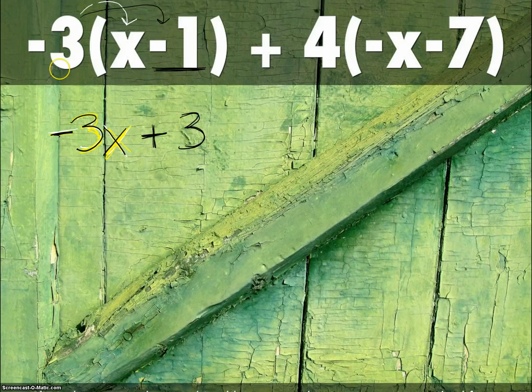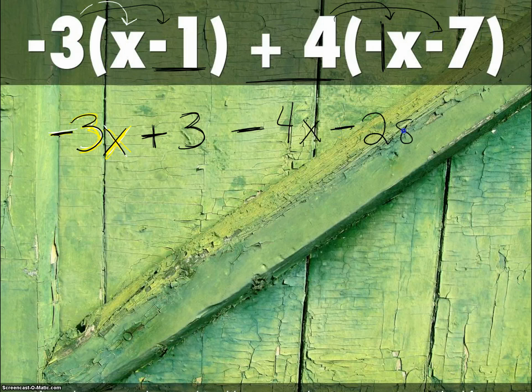So I've distributed this negative 3 to everything inside my parentheses, and now I have to work over here. I have a positive 4, and I have to distribute that times everything inside the next parentheses. Positive 4 times a negative 1x gets you a negative 4x, and a positive 4 times a negative 7 gets you a negative 28. Pause the video and see if you can combine like terms before checking your answer.